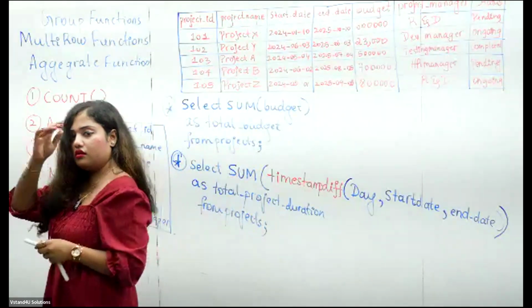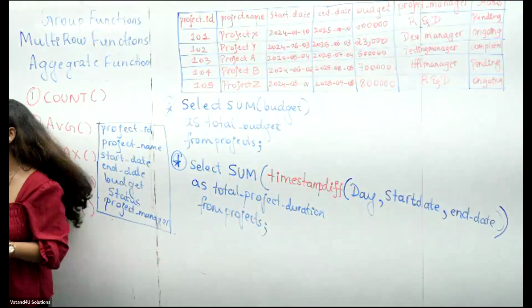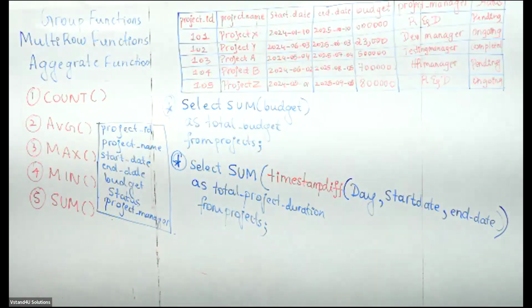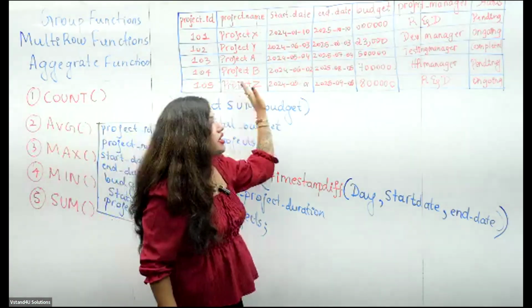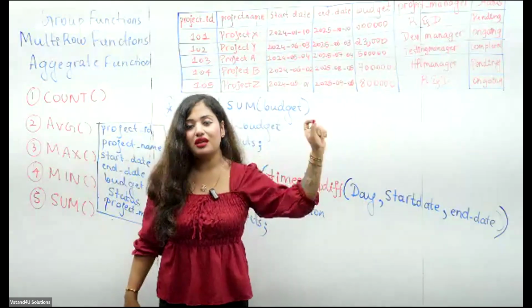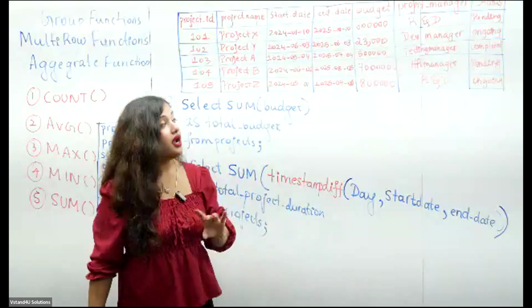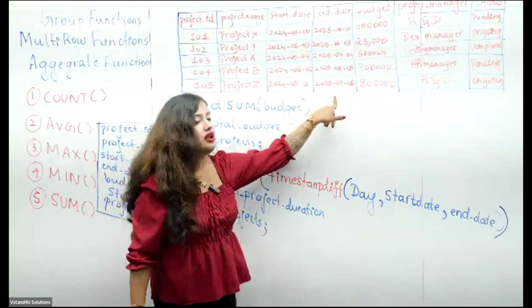See the question. They are telling you to write a query to find the overall duration in days. In this table, you don't have any column saying duration in days, but you have start date and end date.